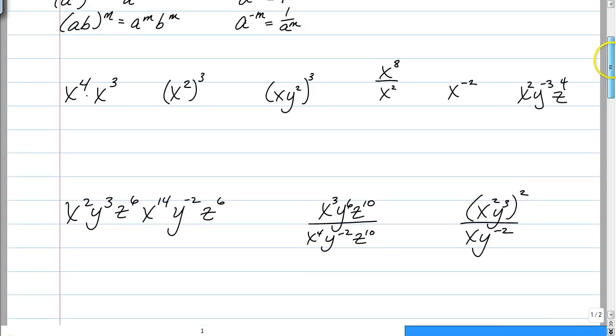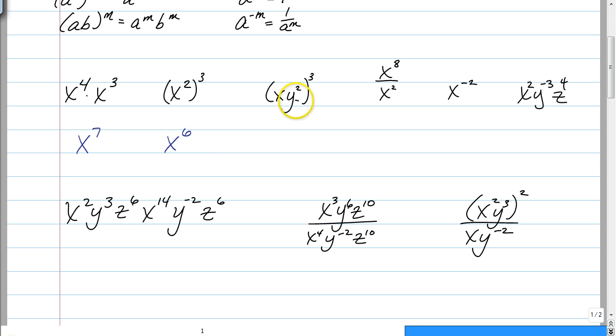So let's start. These are some examples of some very easy ones. I'll step you through them because they just cover the basic properties. So this is multiplying. Since we have x to the fourth and x to the third, what you do is add the exponents, so this becomes x to the seventh. So when you multiply, you add exponents. When you raise an exponent to another exponent, you multiply. So this becomes x to the sixth.